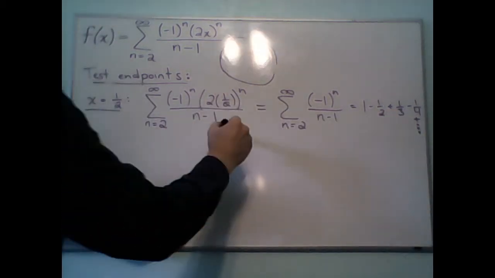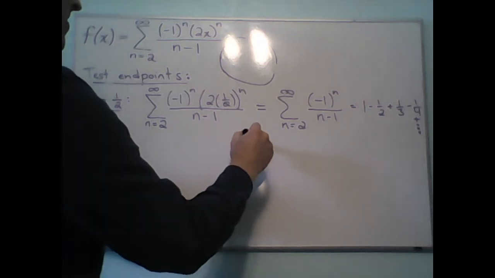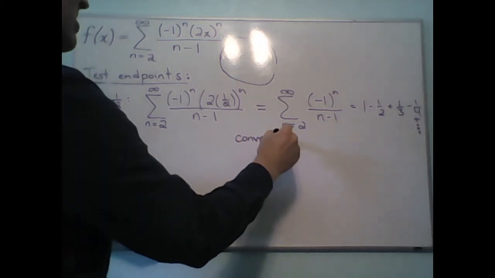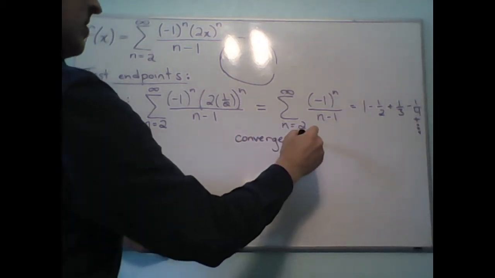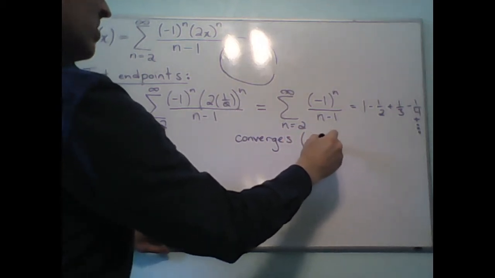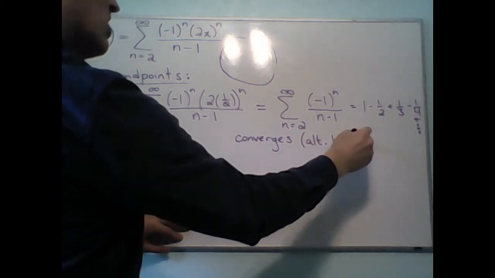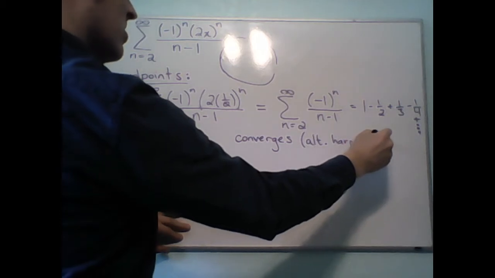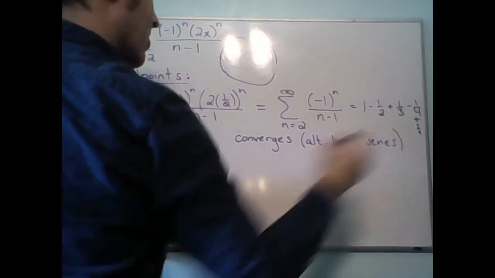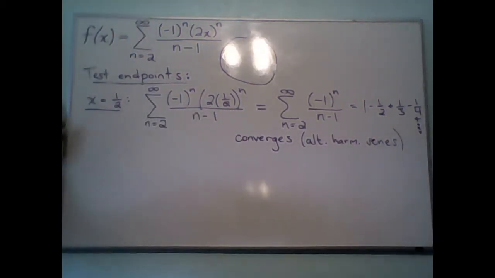And you can remember that it converges. The alternating series converges conditionally. The justification is that it's a well-known series. You can just note that it is the alternating harmonic series and therefore converges.